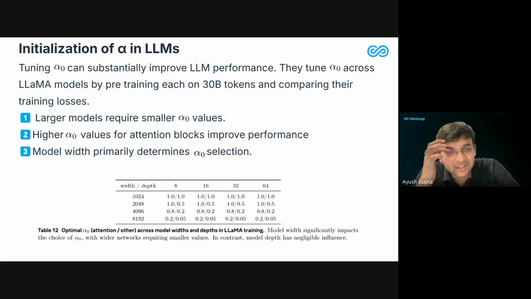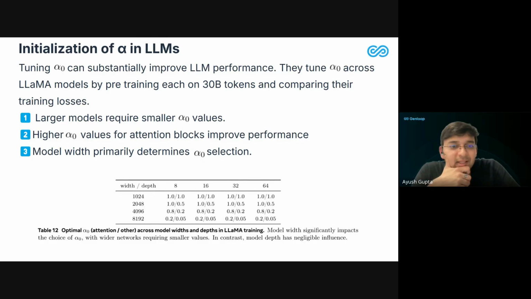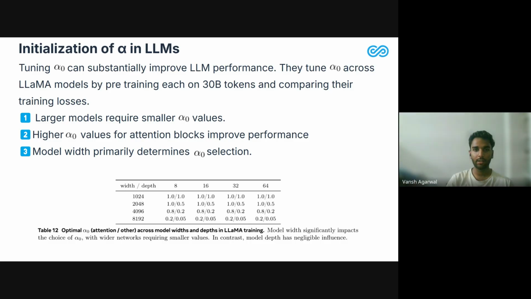Okay, so they're seeing that attention blocks require higher alpha. How did they actually arrive at these values? I think these just came simply from experimentation. There's no real reason behind why exactly they've done this, at least in the paper; I could not find such a reason, but this is purely from experimentation.